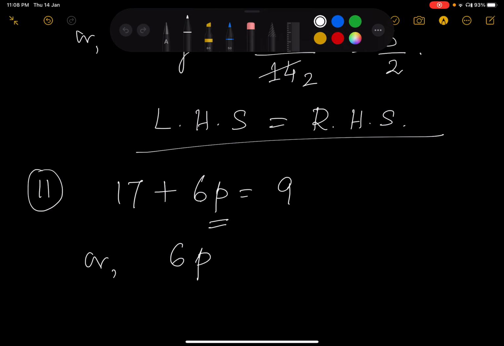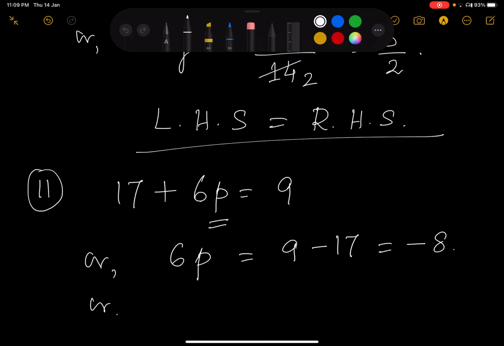Keep the variable on the left hand side only and take the number to the right hand side. So 9 minus 17, which will become minus 8.